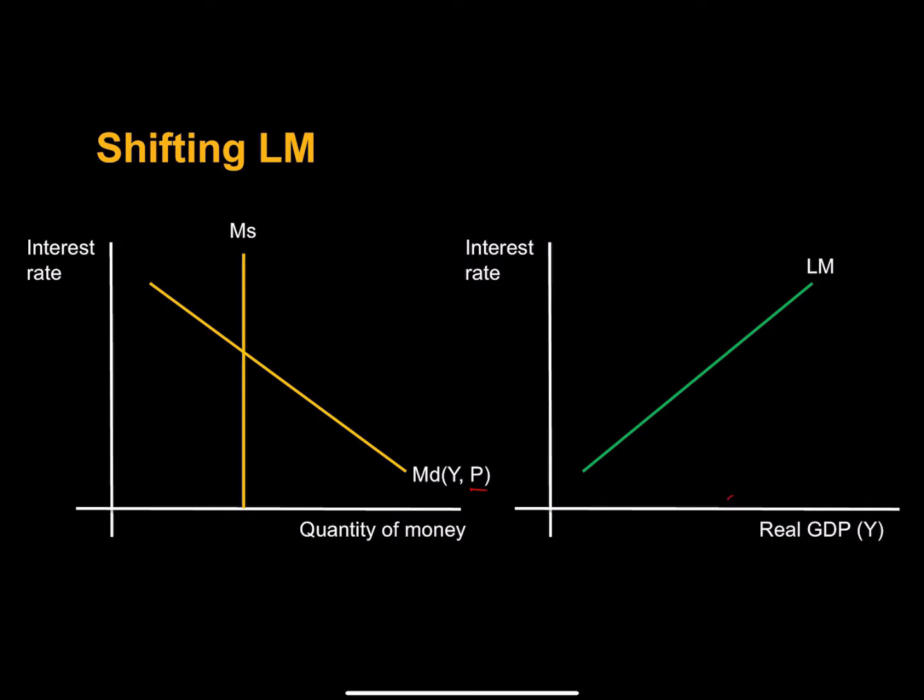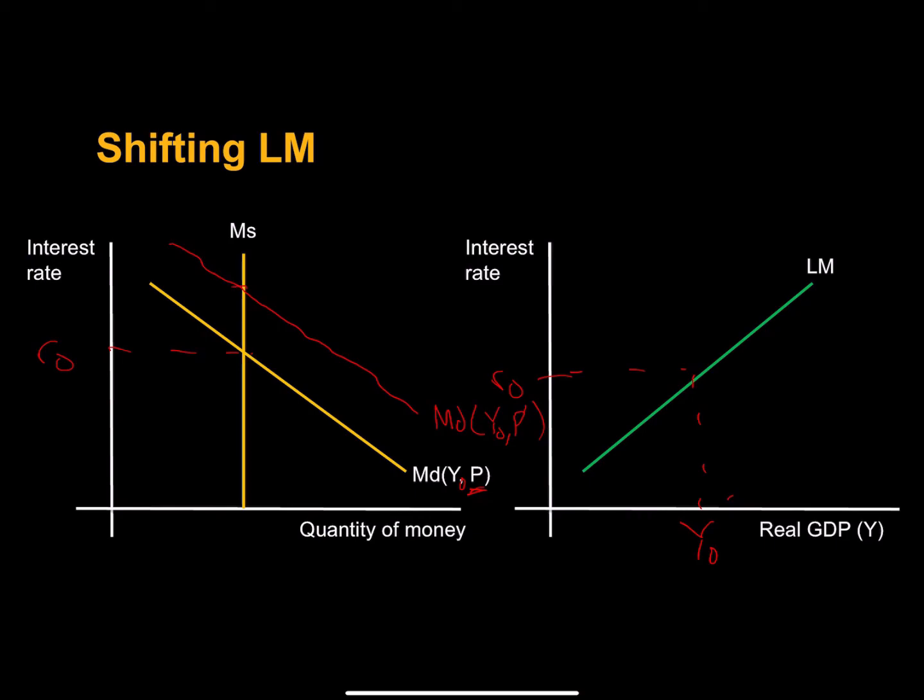Let's try another one. We're going to begin in equilibrium with a real interest rate of R0. We have a real income level of Y0, and let's increase the price level. So let's say the price level is higher. If the price level is higher, holding your real income constant, you're going to need more money in your wallet to purchase the same quantity of goods and services.